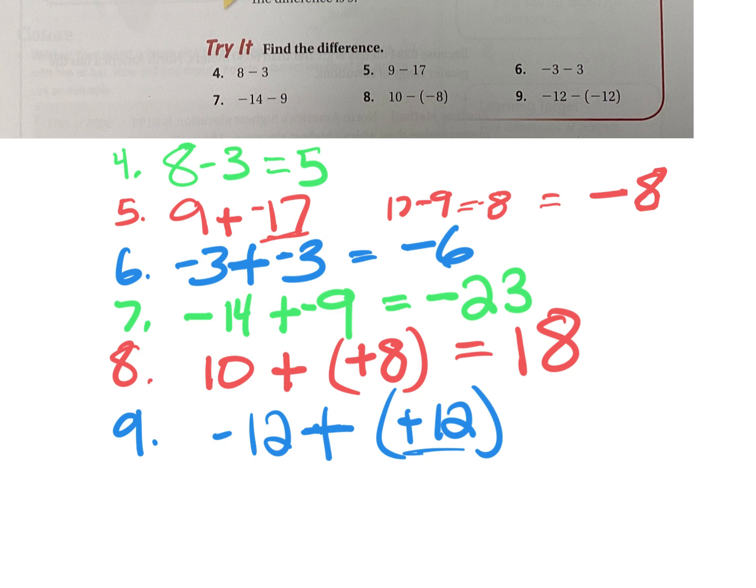So what I have here is a negative 12 adding a positive 12. And when I'm adding its opposite, we know that it's going to be 0. Negative 12 adding a positive 12 gets me right to 0.